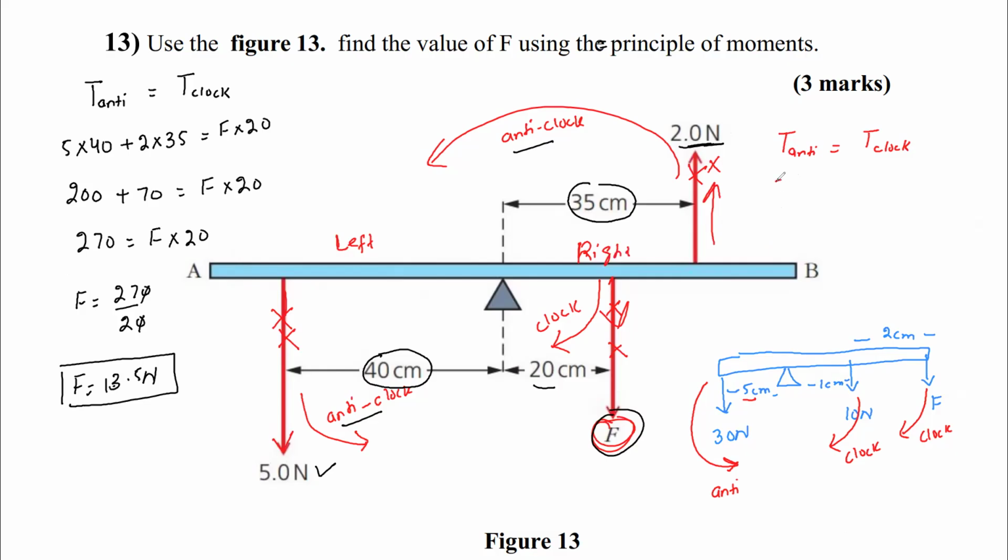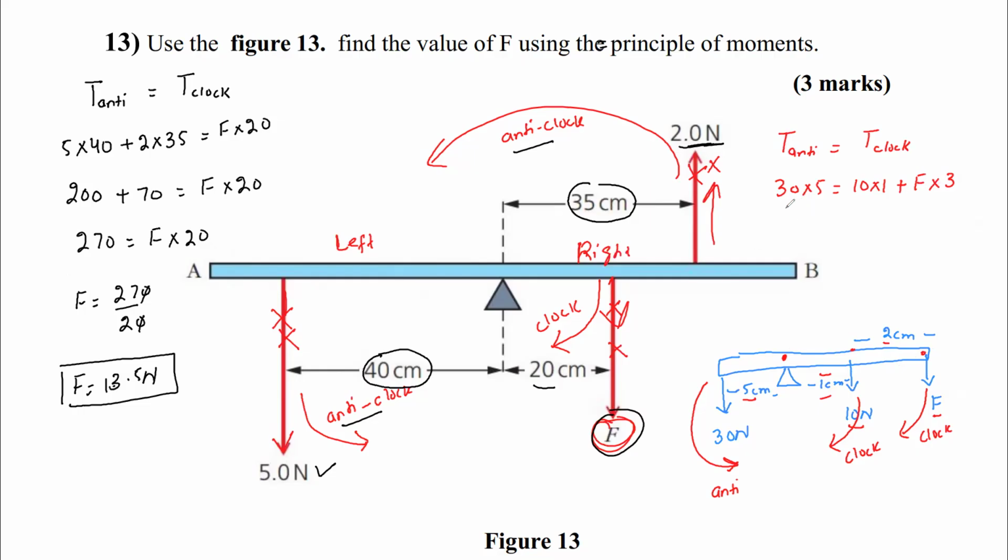So write down 30 multiplied by 5 is equal to, now for the clockwise direction, the force is 10 Newton, so write down 10 and the distance is 1 centimeter, plus the unknown force F multiplied by the distance. The distance from this point to this point is 2 centimeter and this is 1 centimeter, so the total distance is 3 centimeters. So just write down 3. Now just multiply this.